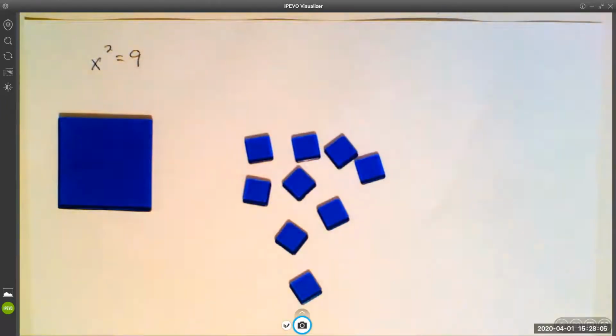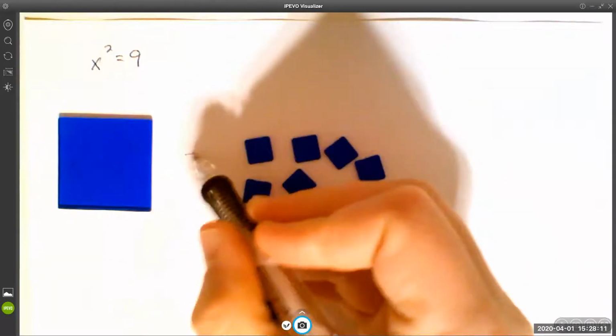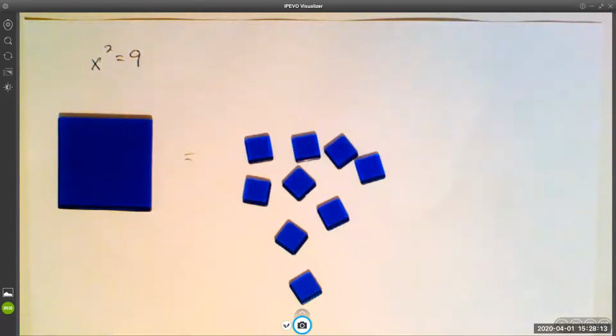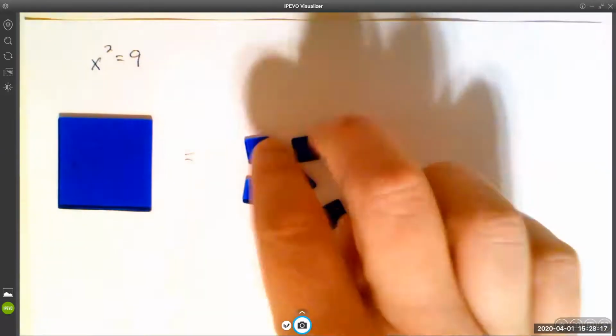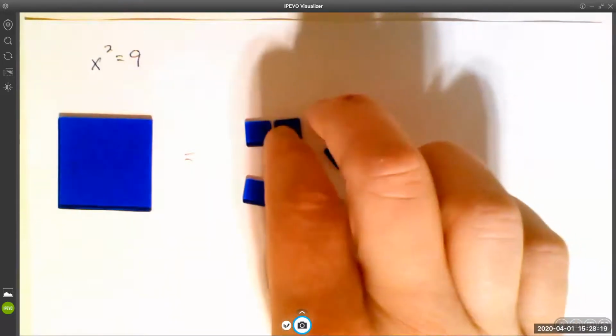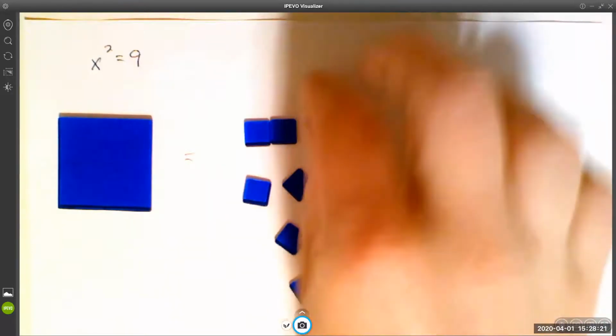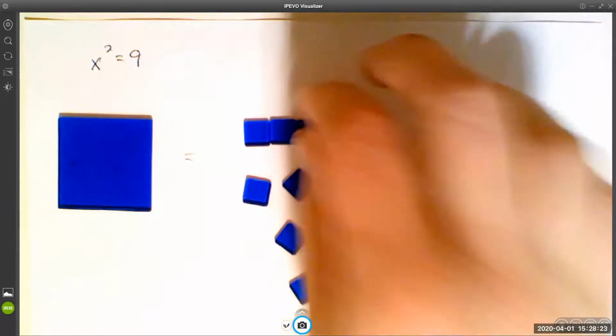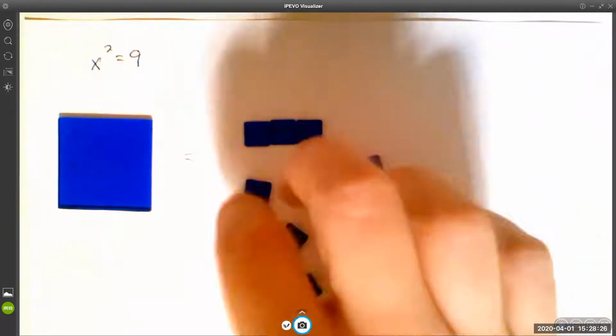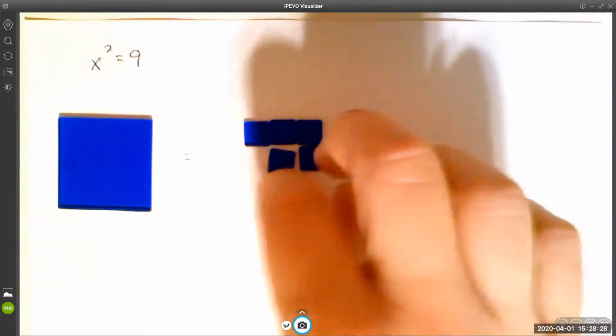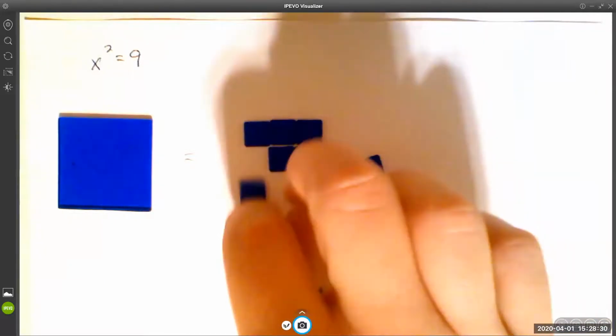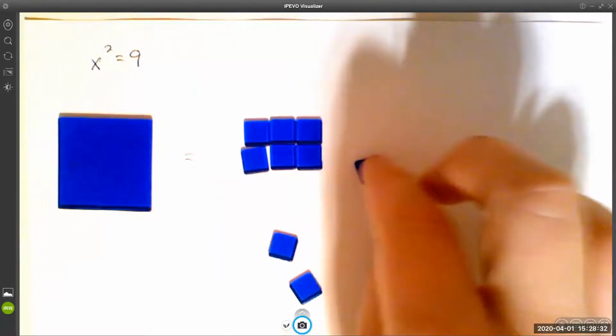That kind of gives us a clue as to how we're going to find the solution to this equation, because what we need to do is arrange the unit tiles so that they are also in a square, like the x squared tile is. So I'm going to ever so carefully set them up into a nice 3x3 grid.